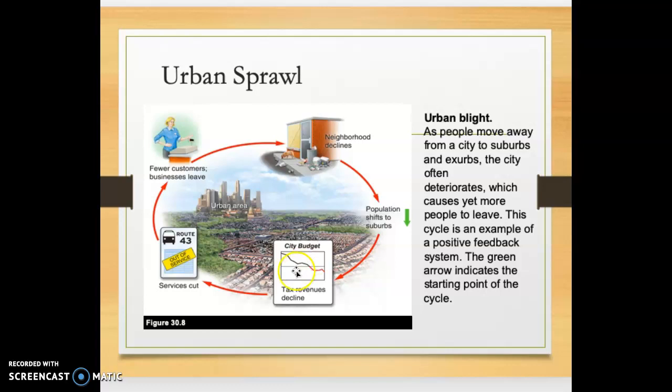From there, the city might have to reduce services. So for example, bus lines might be reduced because there's not a lot of people using them any longer. That's just one example of service. Fewer customers are going to be shopping in the area, so then businesses decide to leave.